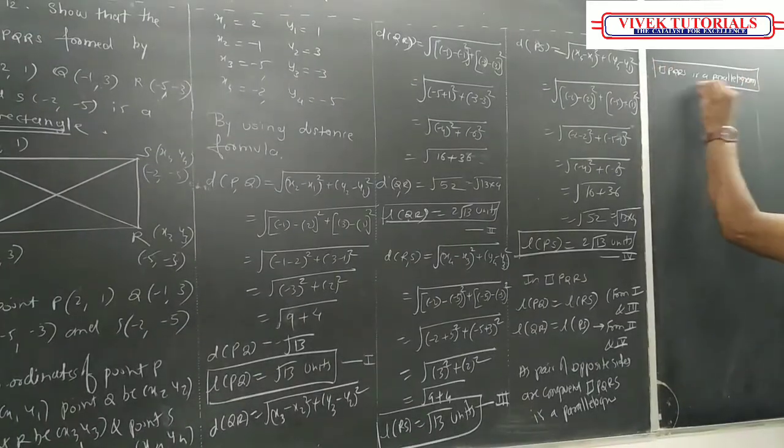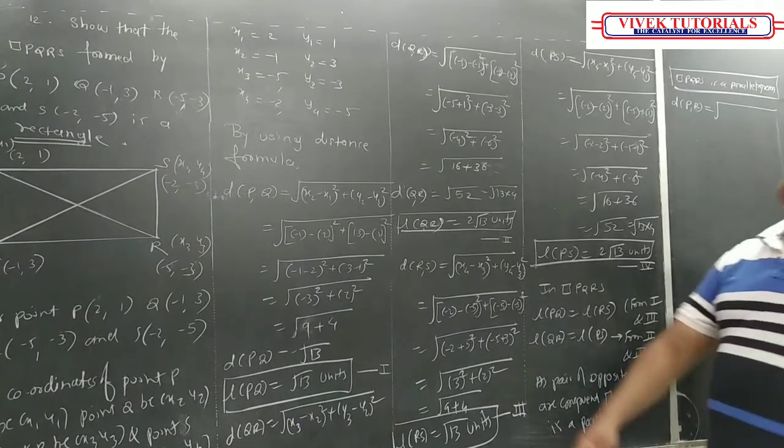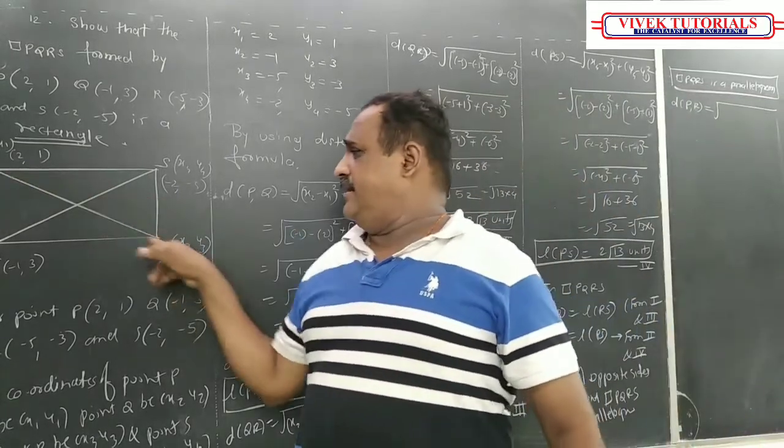We are to put this in a box. After doing that, we have to find out distance PR. PR is a diagonal. Now we have to find out this diagonal.